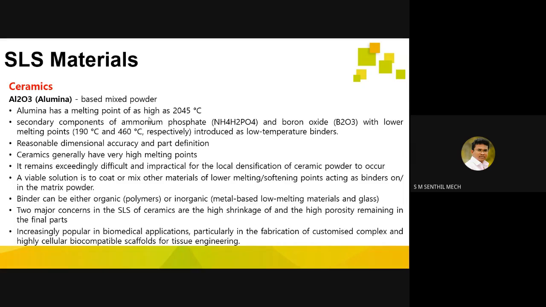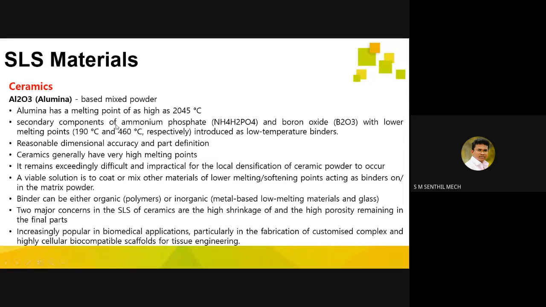So what they will be using is a secondary component like ammonium phosphate or boron oxide, which have low melting points, around 190 degrees Celsius or 460 degrees Celsius respectively. So they will be used as binders. We will be using a mixed powder combination of alumina and the secondary compounds.